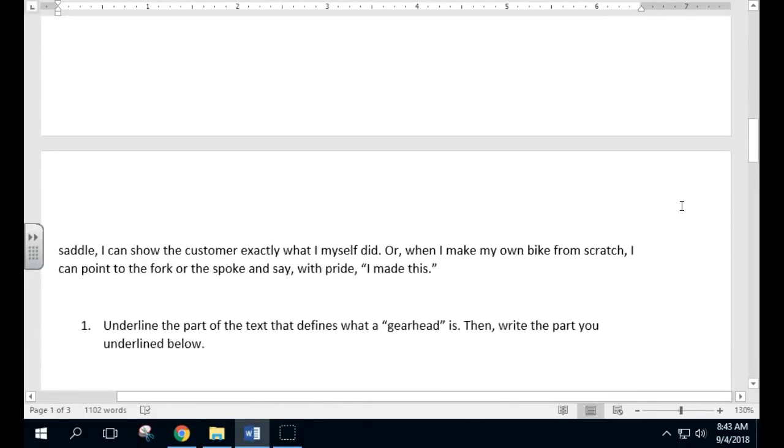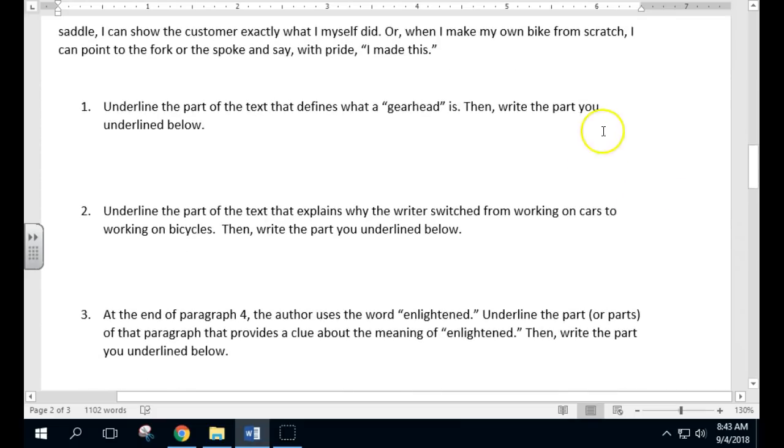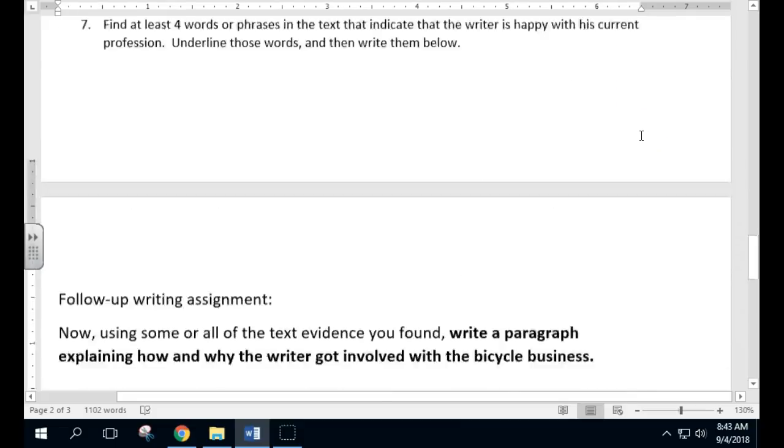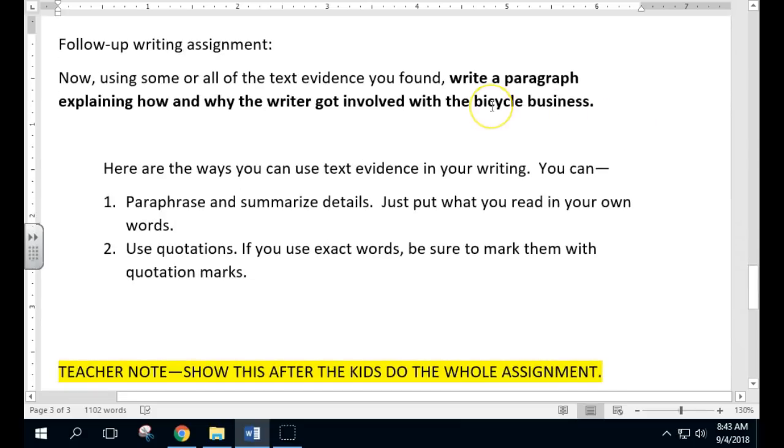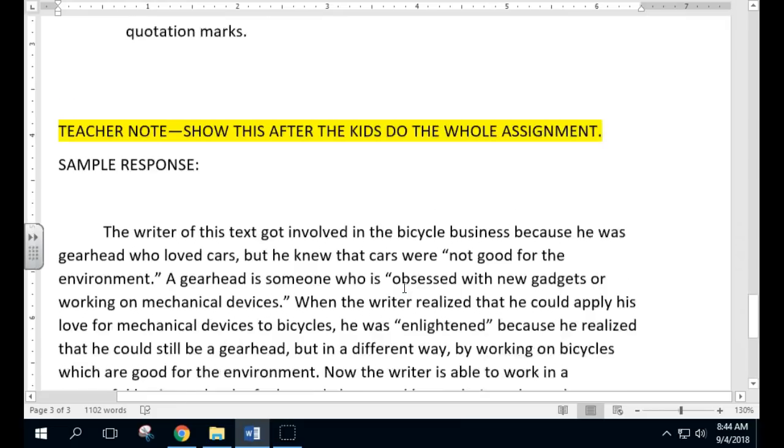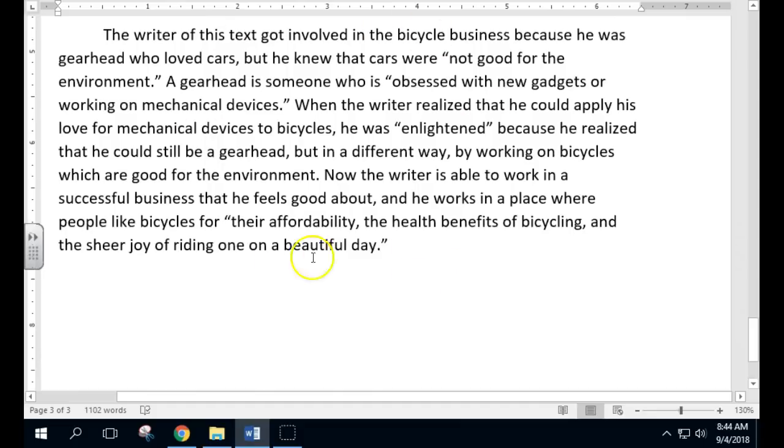I decided some of it didn't need to be used in order to answer the question, which was this: write a paragraph explaining how and why the writer got involved with the bicycle business. So that was my question. I followed these instructions, and this was the paragraph I ended up with by using some of my own words and text evidence from the original text.